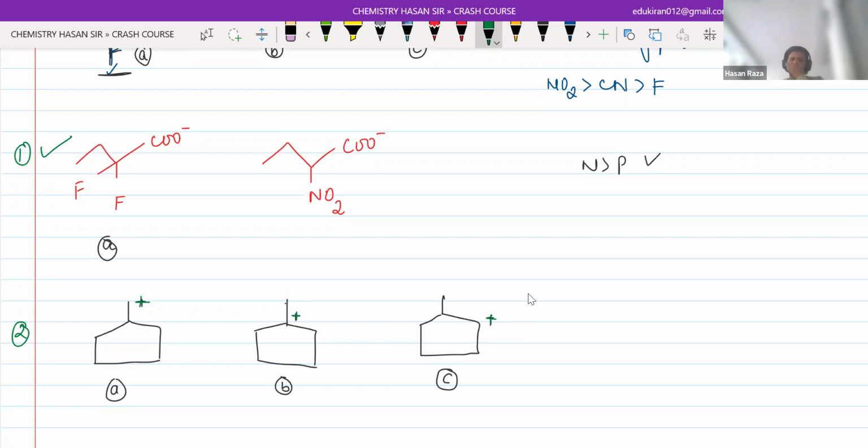Is there any answer? Which one is more stable? I'm not asking about acidic character. I'm asking about stability. Which one is more stable?